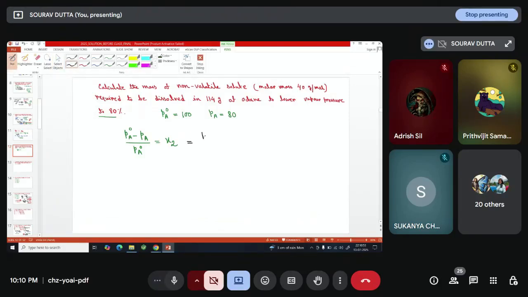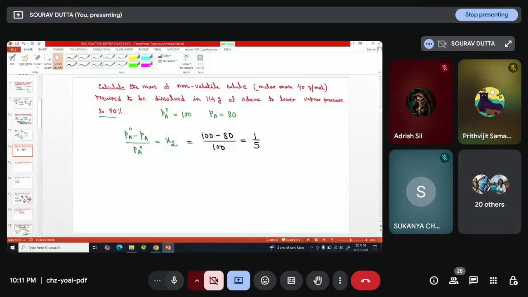PA naught is 100, PA is 80, PA naught is also 100. So 20 by 100, that is x2 equals 1 by 5. x2 is the mole fraction of the solute, here the non-volatile solute.